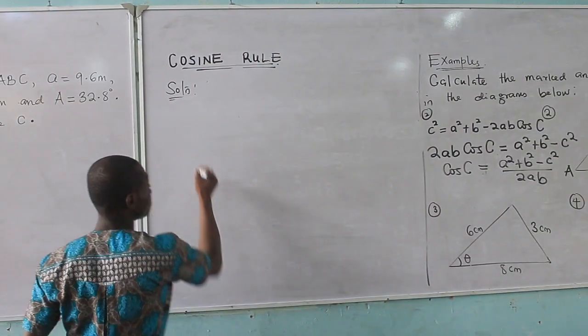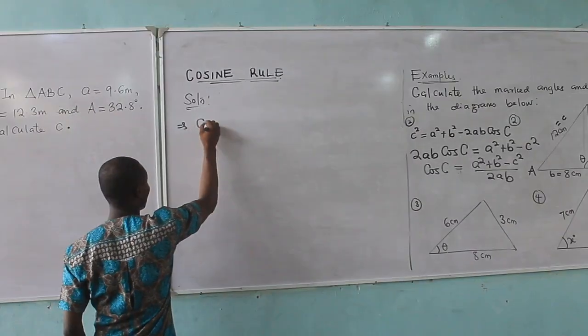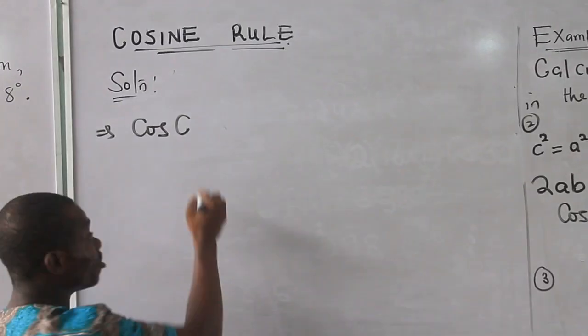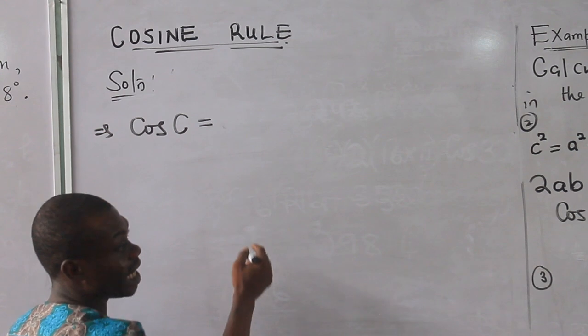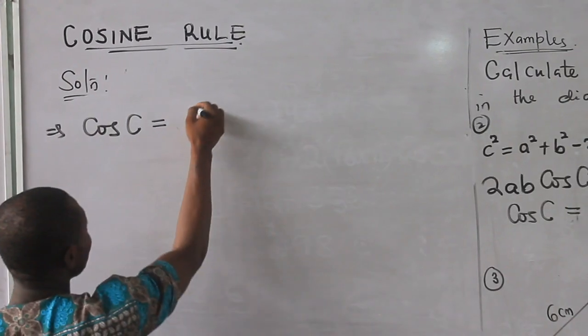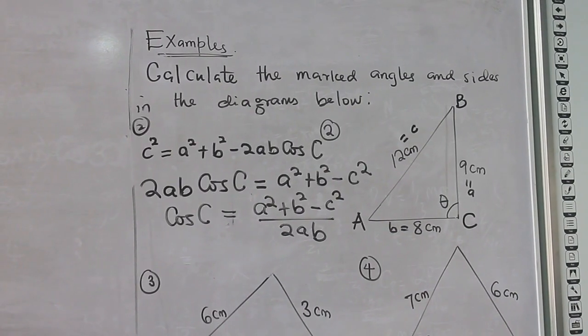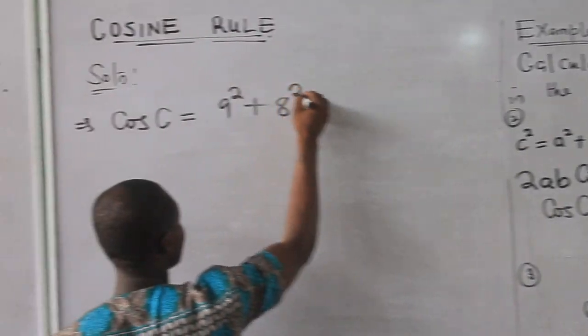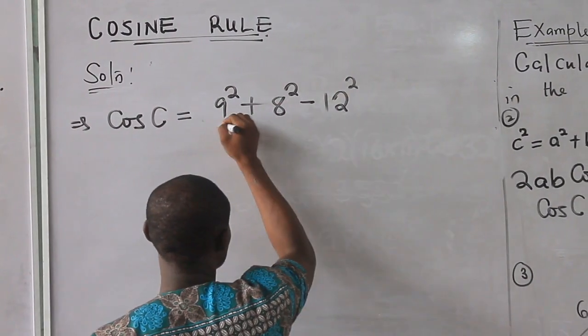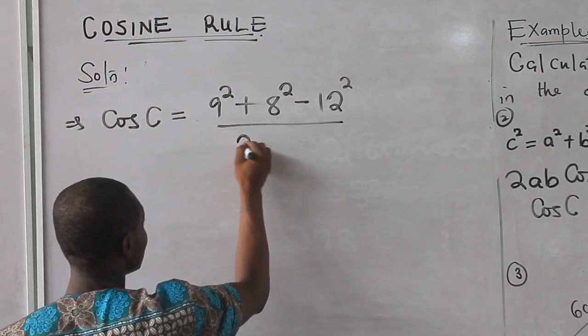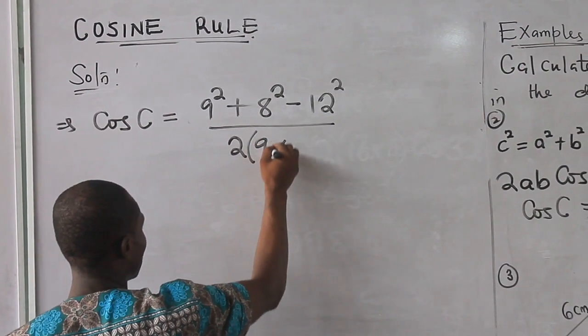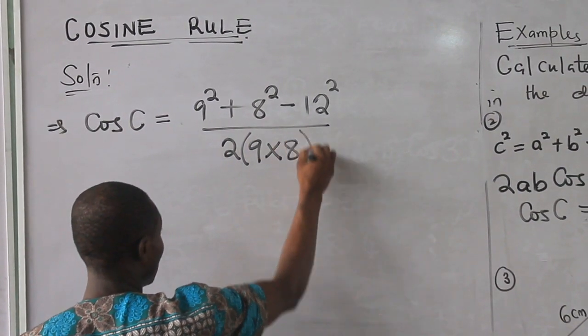Alright, so if we substitute, that means that our cos C is now going to be equal to, my A is 9, so I'll have 9 squared plus my B is 8, which is 8 squared minus C, which is 12, so I'll have 12 squared here, all over 2 times A, 9, times B, which is 8.